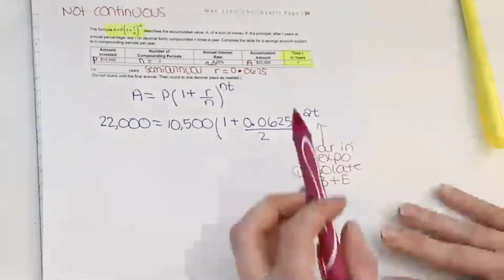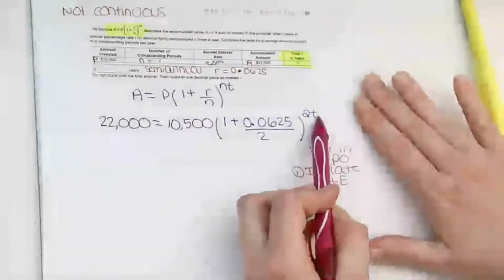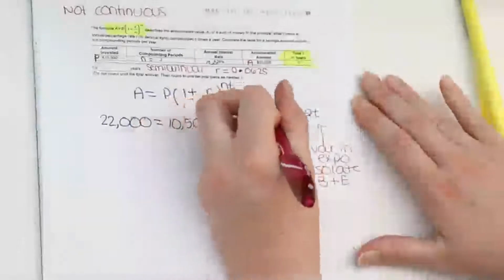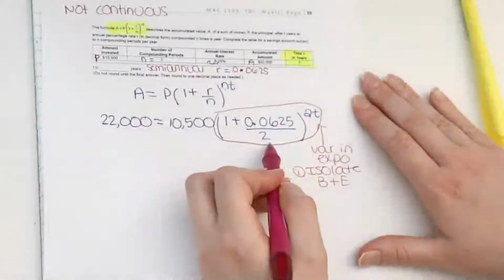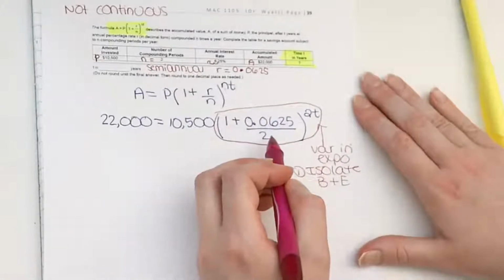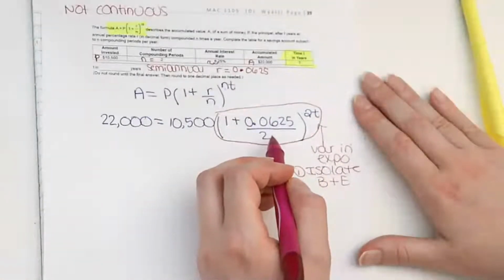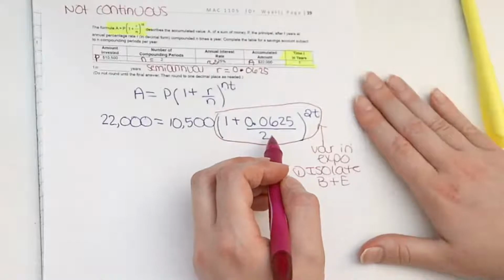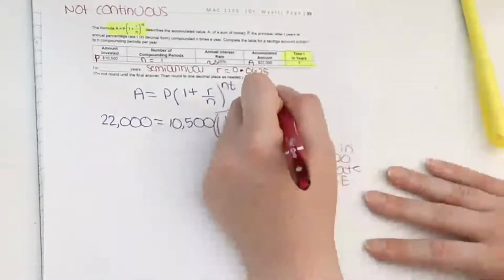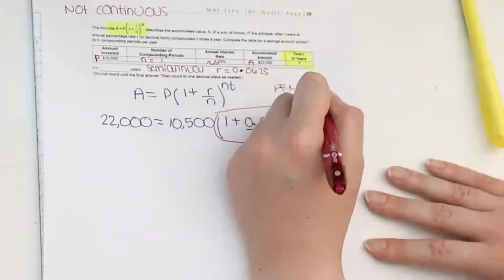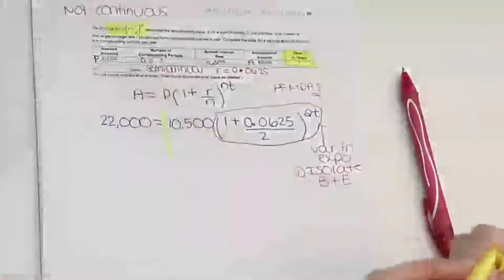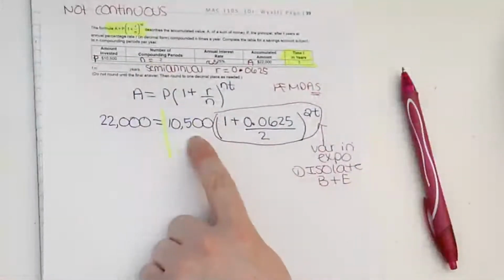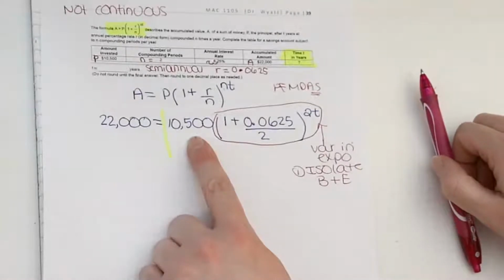Okay, so here's my exponent of 2t. My base is this 1 plus 0.0625 over 2. Okay, so that quantity needs to be as isolated as much as possible. And if you look at it, if you're trying to undo your PEMDAS, you would say to yourself, okay, I don't have addition and subtraction, but I do have multiplication. I have this multiplication of this 10,500.